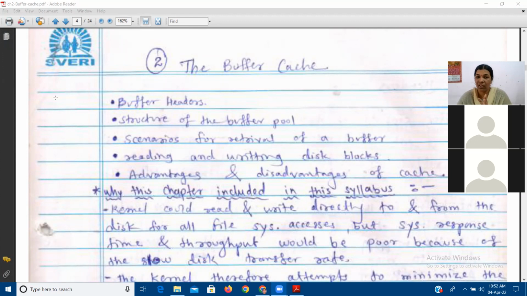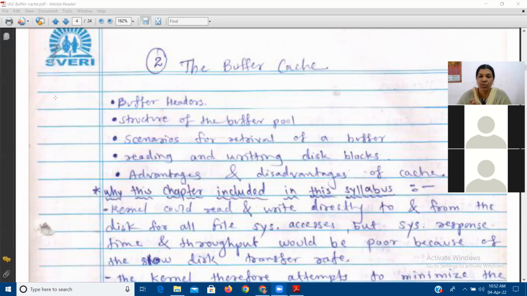So listen carefully to what I said. The architecture works without the buffer cache also. If the buffer cache block is removed from the architecture, the architecture still works, and the Unix operating system still works. But why use the buffer cache? Just to reduce the access time. Access time is the major thing which we are considering here. And the second one is that we are trying to reduce the disk traffic.